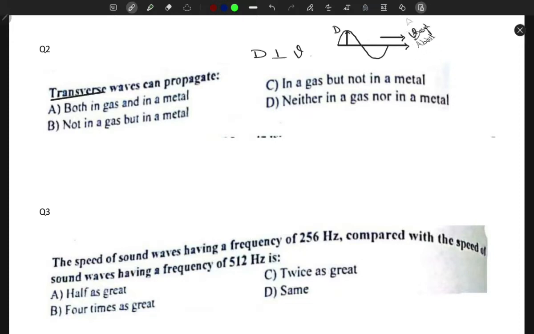So hence in any fluids, transverse waves will not propagate. So they can propagate only in a metal. So we'll choose not in a gas but in a metal. That's true, because remember, fluids mean any gas or any liquid is referred to as a fluid.